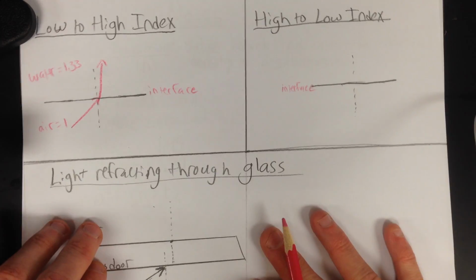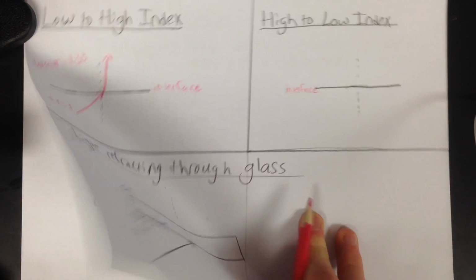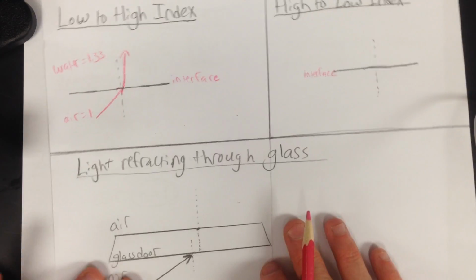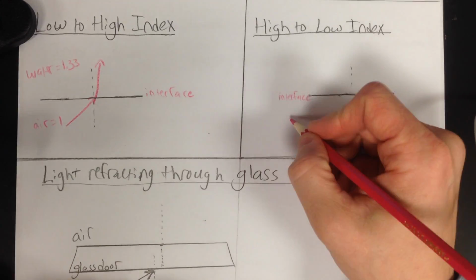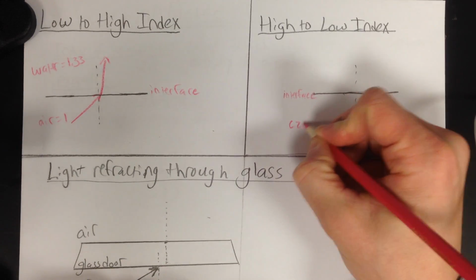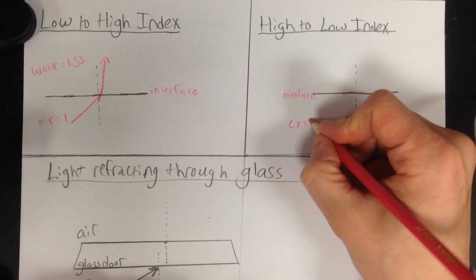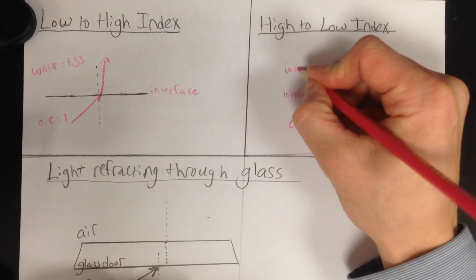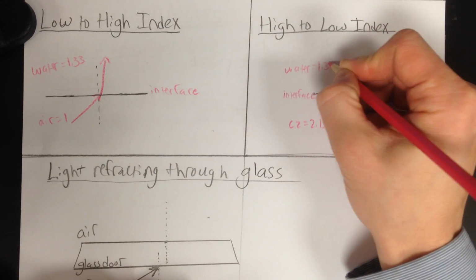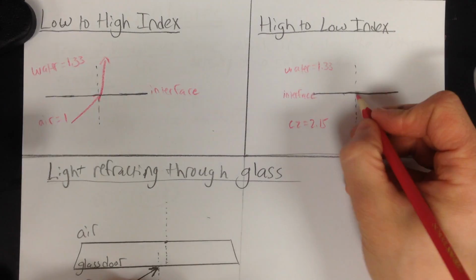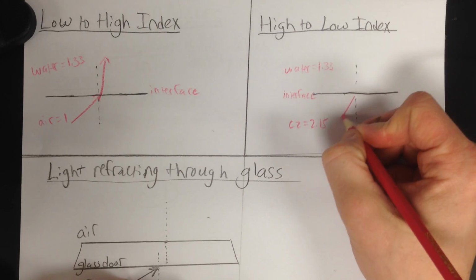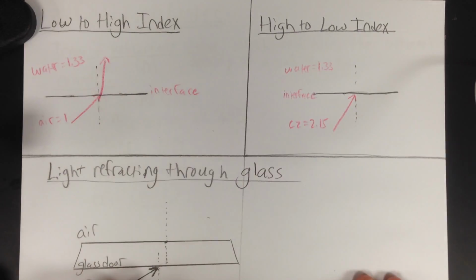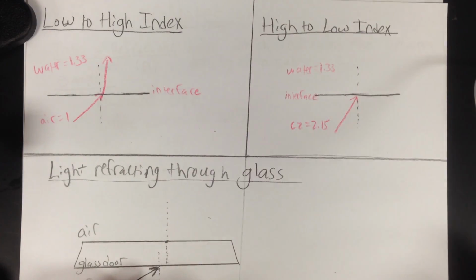So let's choose another. Let's choose cubic zirconium. Why not? So cubic zirconium has an index of 2.15, and say that goes into water, 1.33. How is that light going to bend as it goes from a high to a low index of refraction?